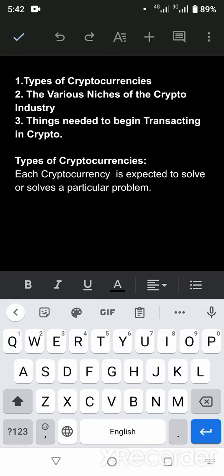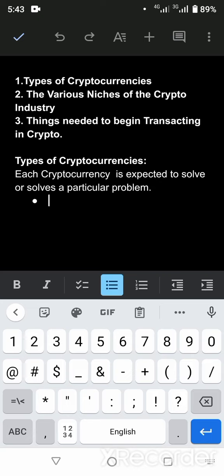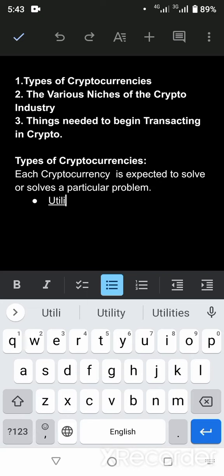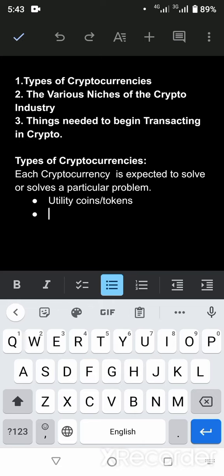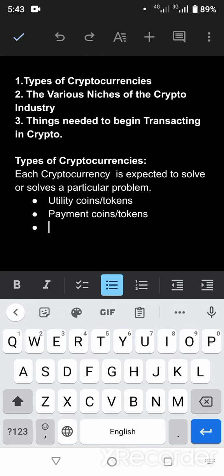But for this video, I'll be talking on the 4 major types. Now, first, I'll outline them. Number one, we have utility coins or tokens. Number two, we have payment coins or tokens.